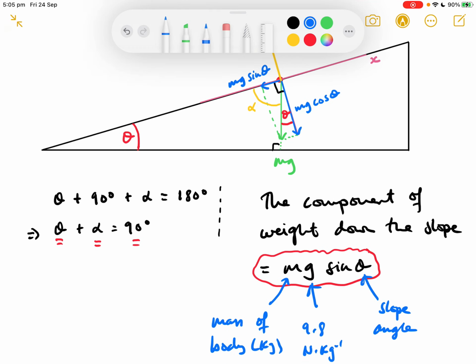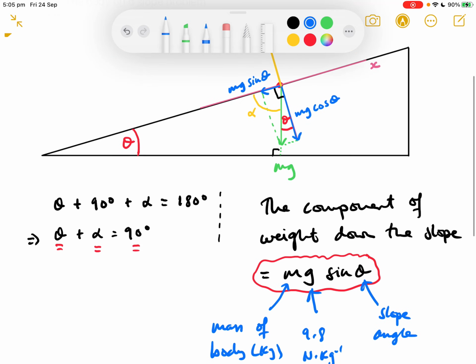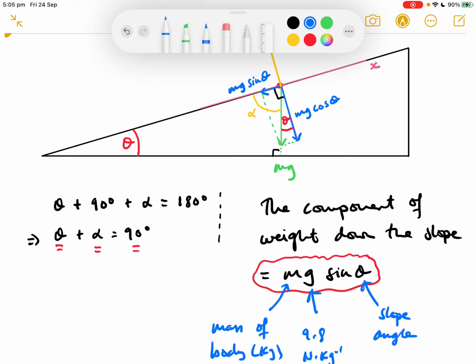So whenever you have a slope situation, slope angle theta, you know that the component of weight down that slope will always be mg sine theta.